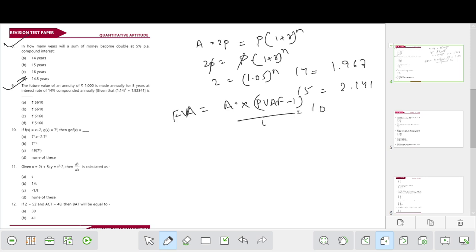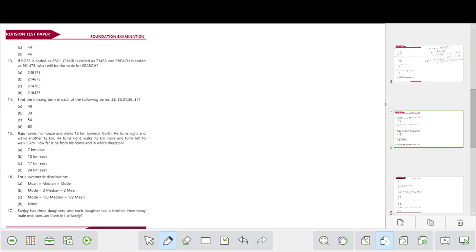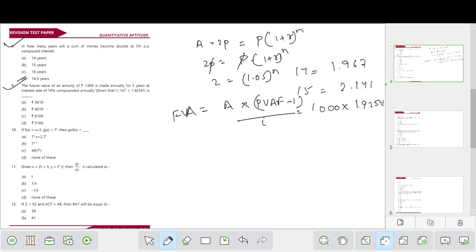So A is given 1000 into 1.92541 minus 1 divided by 0.14. This will give you 6610. Correct answer is B.